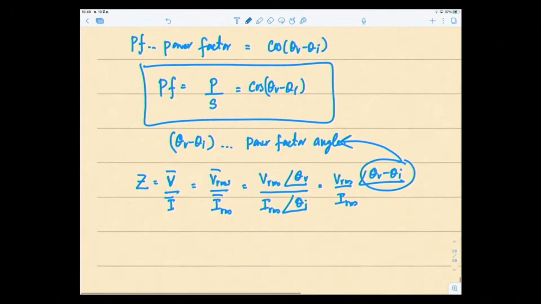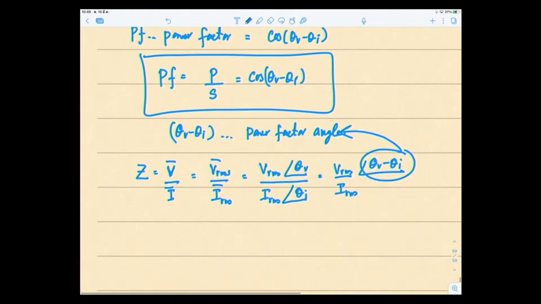So that means this power factor angle can tell us what kind of load we have. For example, for an inductive load, we know that the current lags behind the voltage.